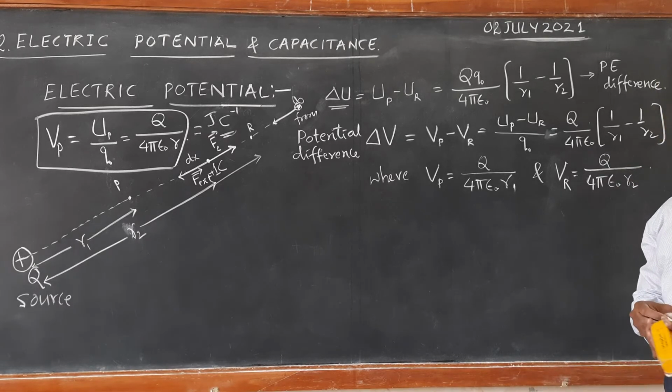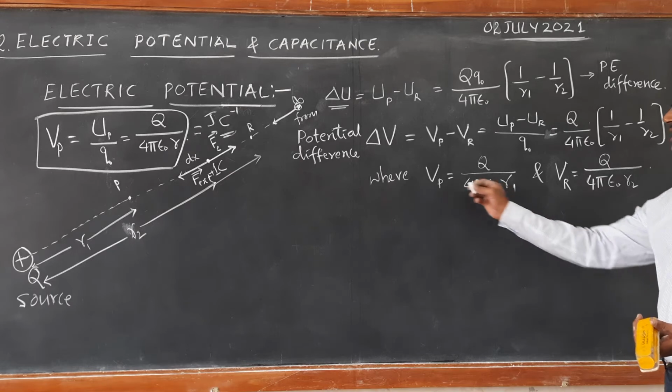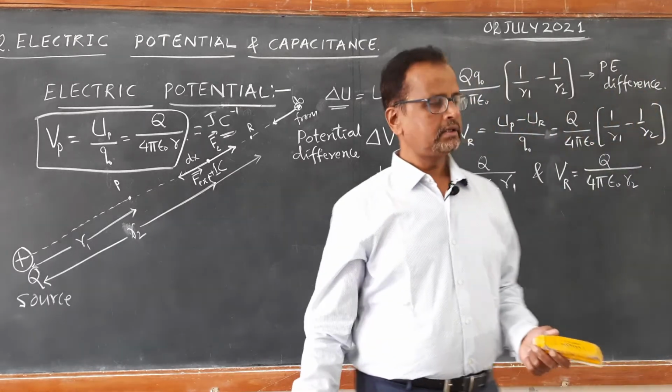This is how we get the potential values at point P and point R.